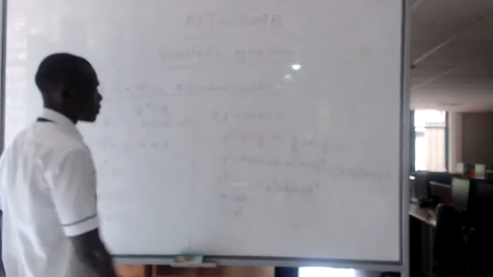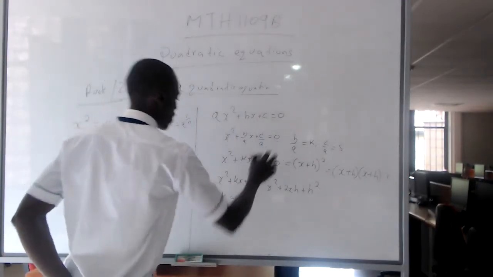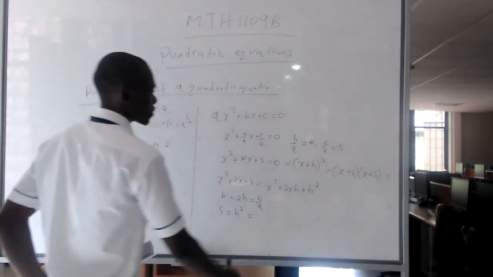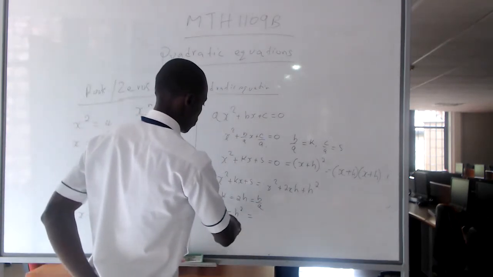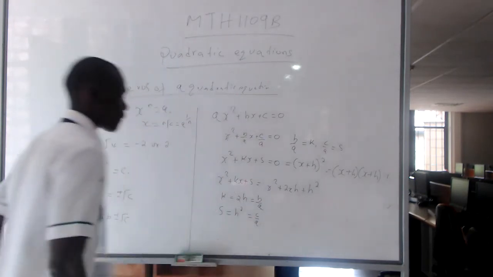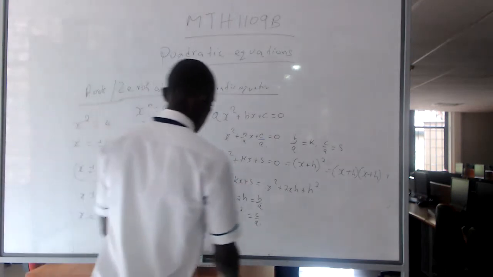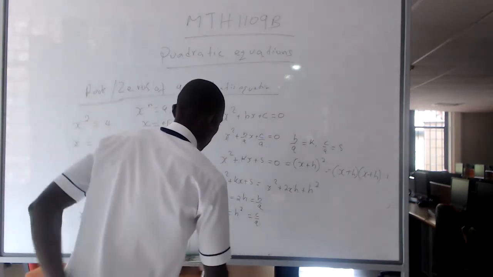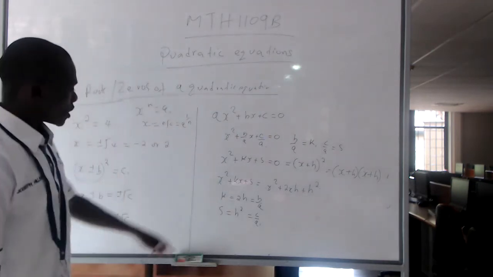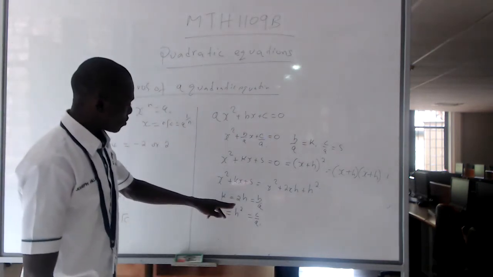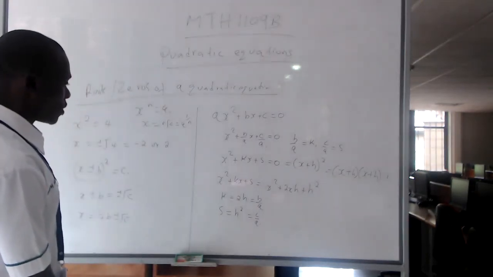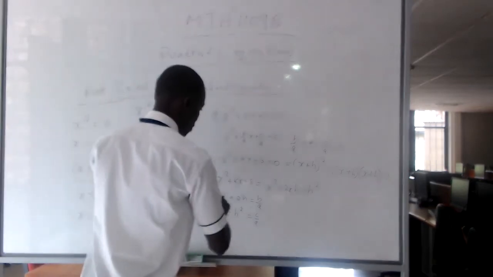But what was k? K was b divided by a. And what was s? Sorry, s was c divided by a. So this means from here we can actually obtain h. So this is k is equal to 2h, which is b divided by a. I can obtain h from here in terms of k.